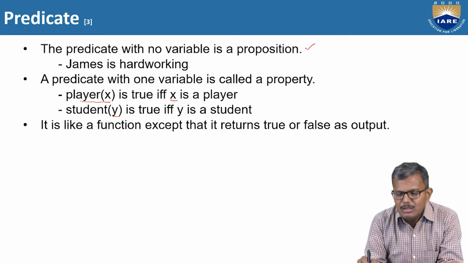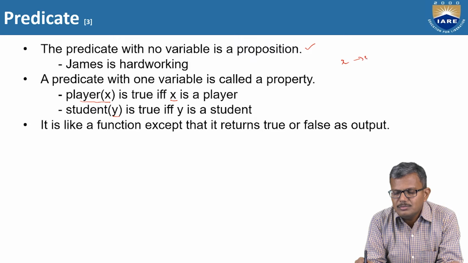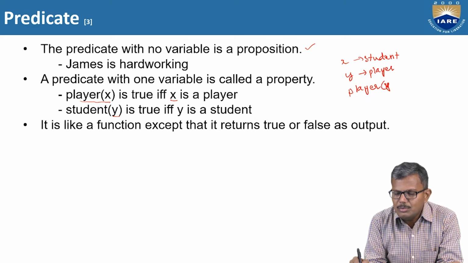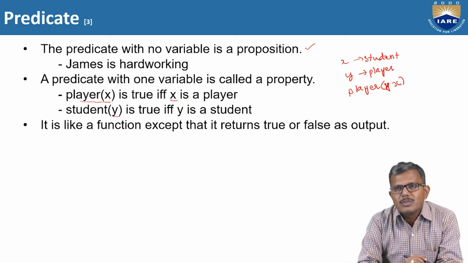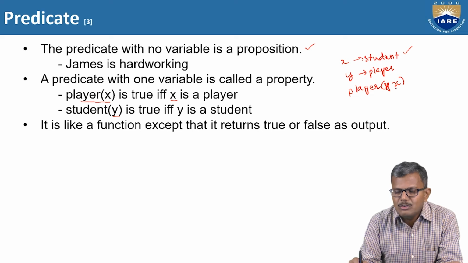For example, if I say X is a student and Y is a player, and this is the actual fact, and you have represented it this way: player of Y is correct. Now player of X: in the knowledge base we have mentioned that X is a student, but here we are talking about a player. X is not a player. So the output for this one will be false.